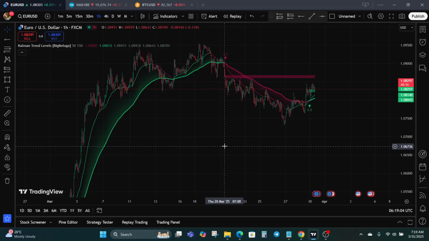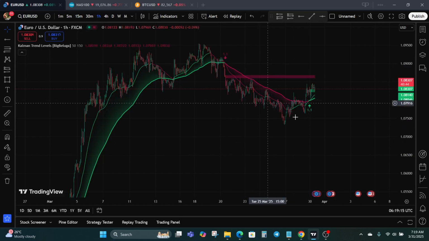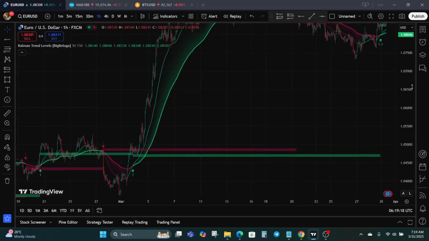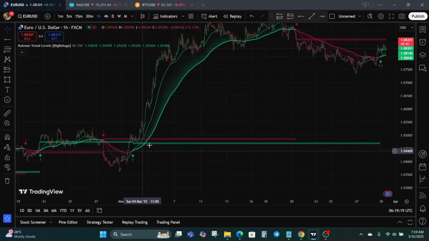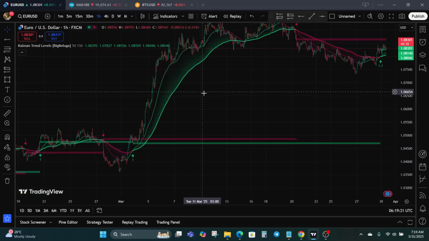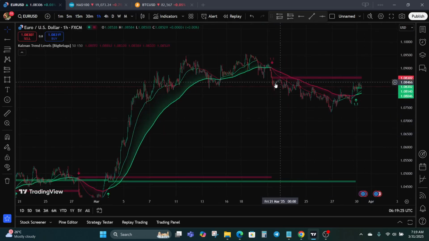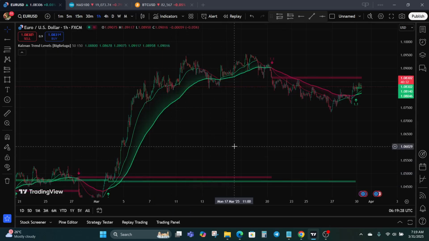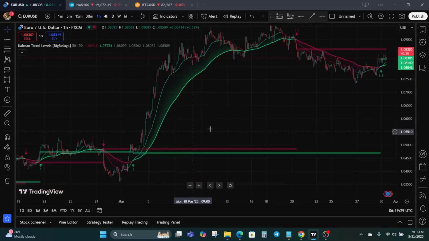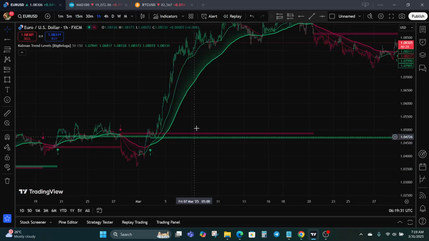In short, it gives you two crucial pieces of information: the strength of the trend and the exact levels of support and resistance, as we can see right here on the chart. The indicator makes use of lines, and in addition to those lines, it also gives you support and resistance zones, the red zones and the green zones, and arrows giving you precise entry points.